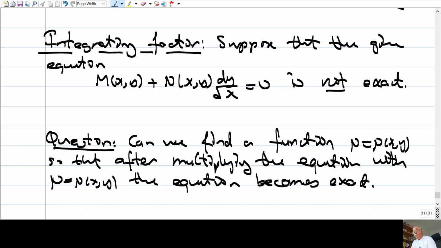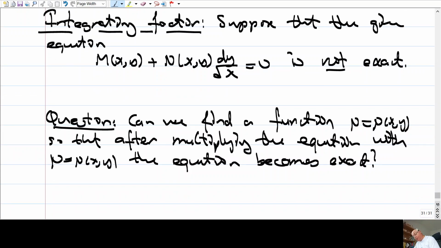And you see, if I multiply this equation by a function, the equation essentially doesn't change much. If this function has no zeros actually, then it won't change at all because then you can also divide with the same function.